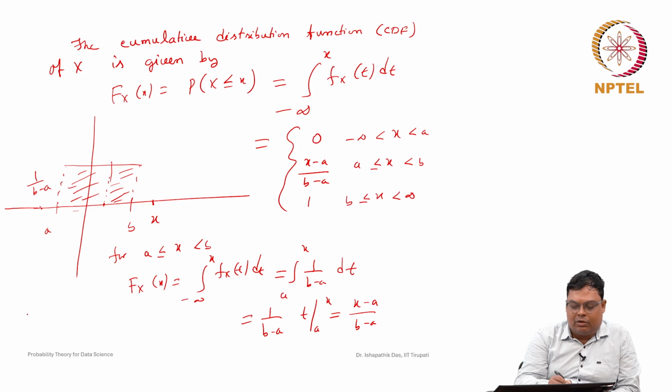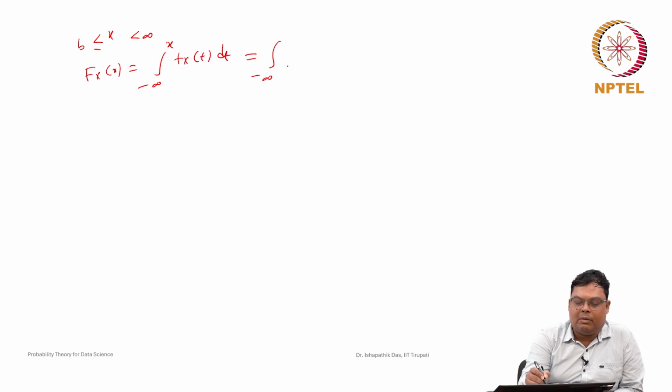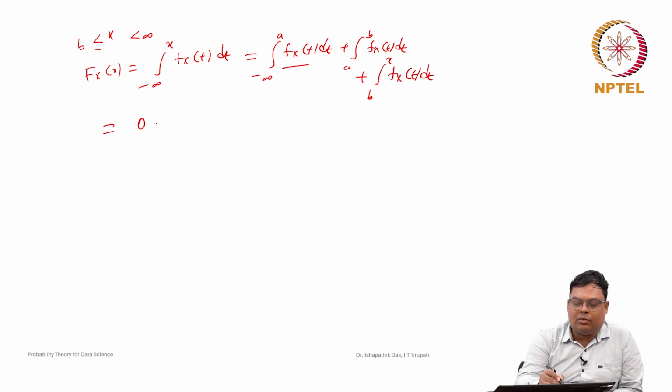If you do this analytically also, F_X(x) is the integral from minus infinity to x of f_X(t) dt. Whenever x is greater than b, you can divide it: the integral from minus infinity to a of f_X(t) dt, plus the integral from a to b of f_X(t) dt, plus the integral from b to x of f_X(t) dt. The first is 0, because the function is 0 there. From a to b, it is the integral of 1 by b minus a dt, and the last is again 0.